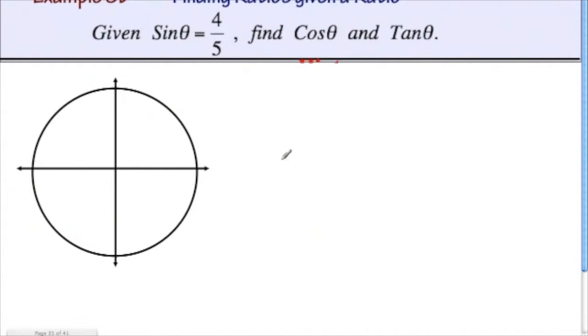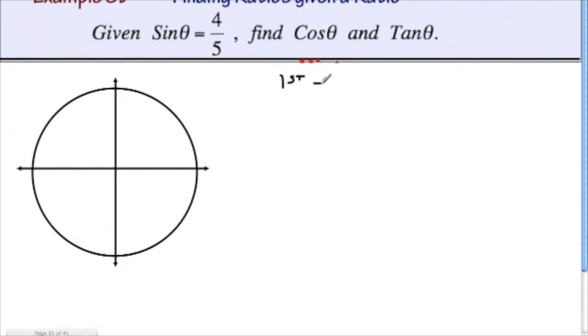All right, now we're going to try to find these ratios where you're given some information, and we're going to find these two. The first thing you always want to do is find out the quadrants. What quadrants am I in?